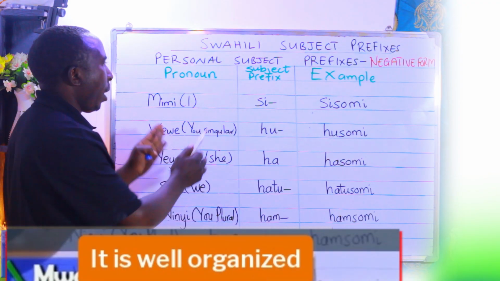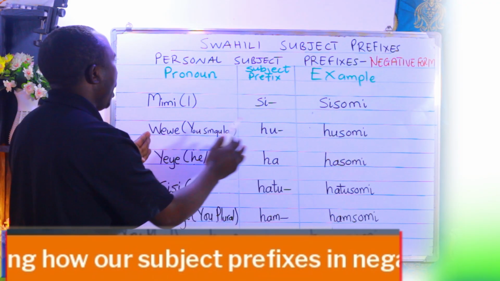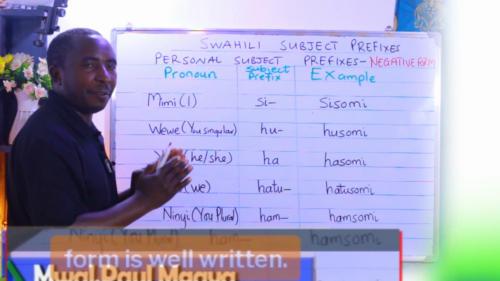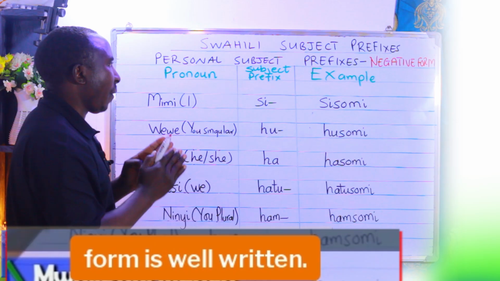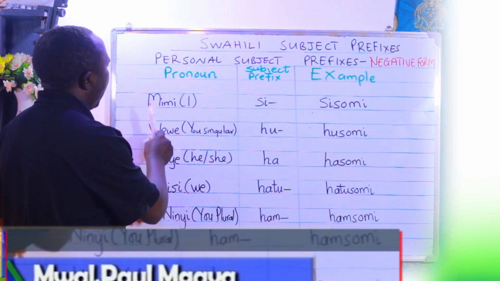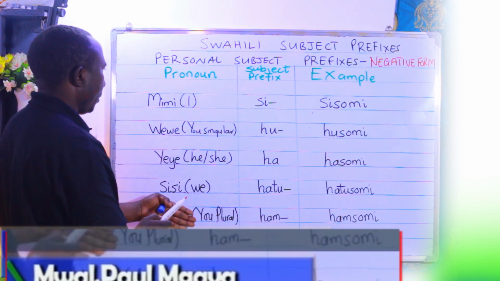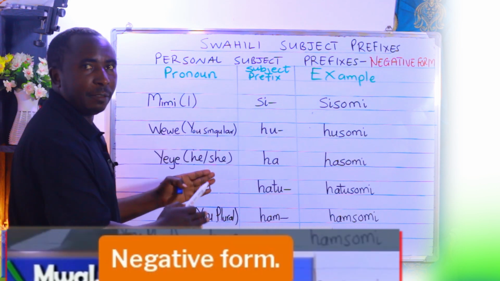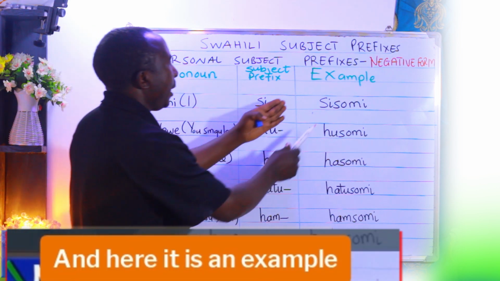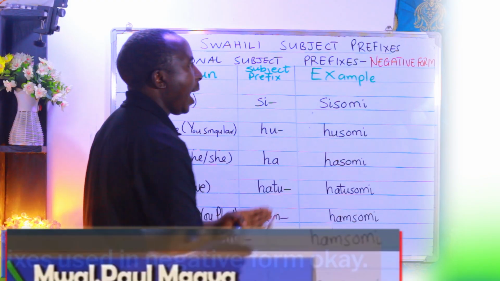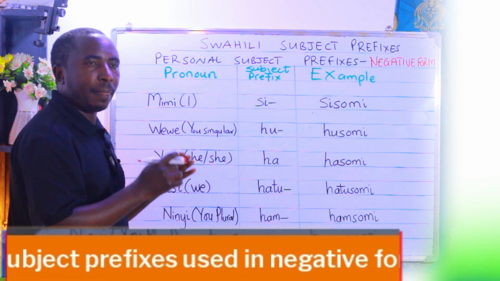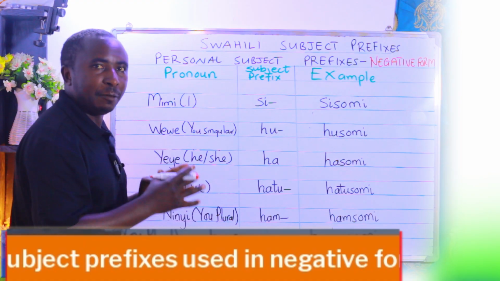It is well organized, showing how our subject prefixes in negative form are written. Here is a pronoun, here is a subject prefix in negative form, and here is an example of how the subject prefixes are used in negative form.